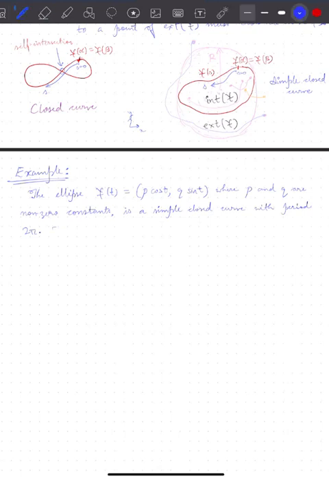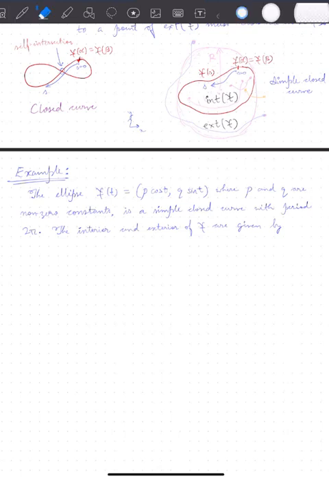The interior and exterior of gamma vector are given by, right?